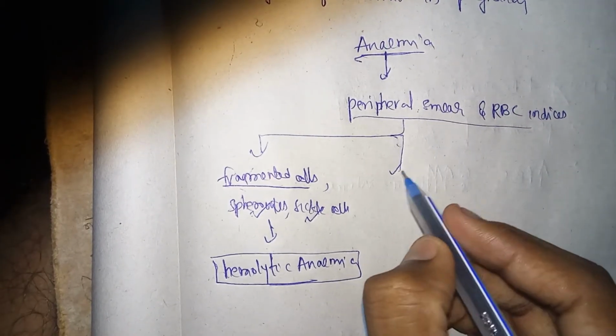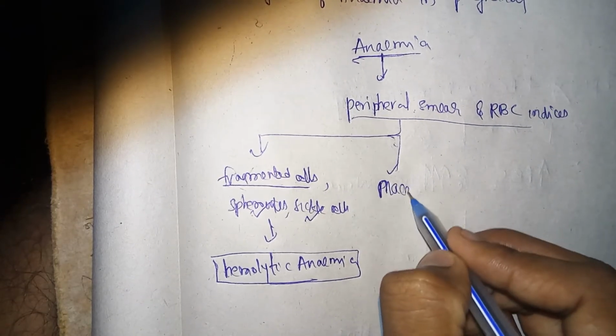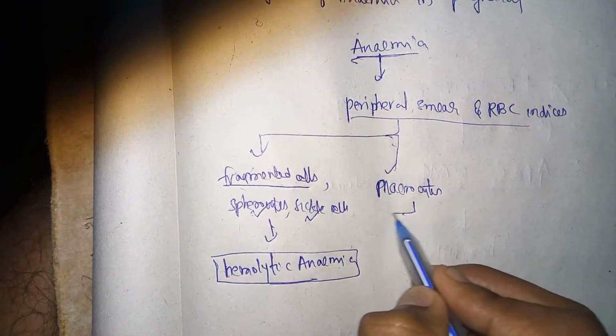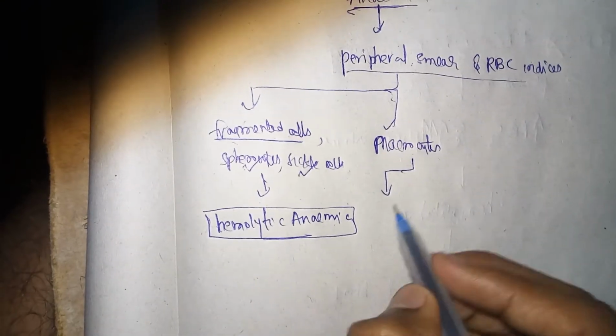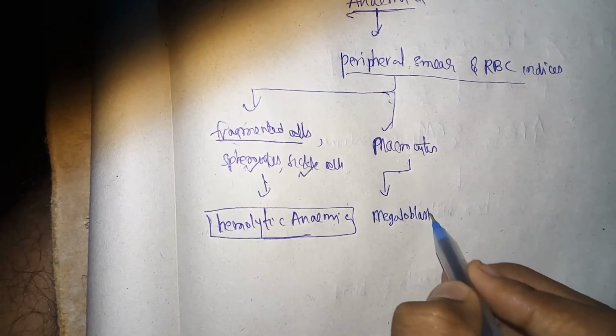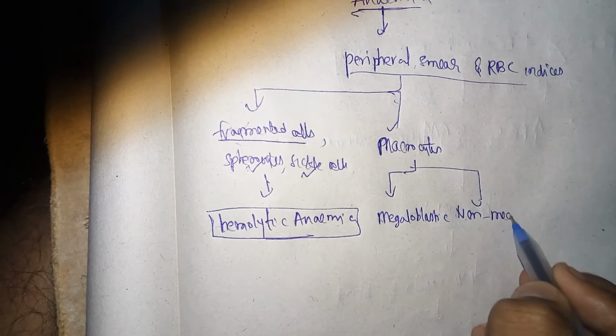If we see any macrocytes in the smear, then the anemia is due to megaloblastic anemia, or it may be non-megaloblastic.